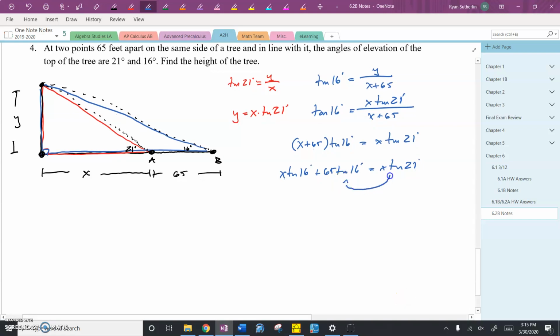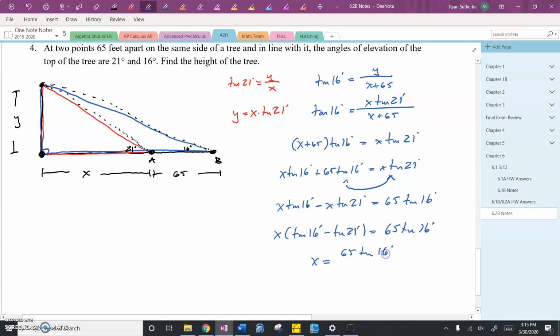So I am just going to take these two here and switch spots. So I have x tangent of 16 degrees minus x tangent of 21 degrees equals 65 tangent of 16 degrees. Now I can factor out an x and divide.